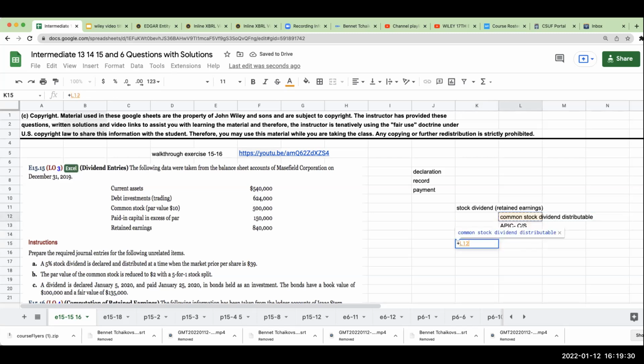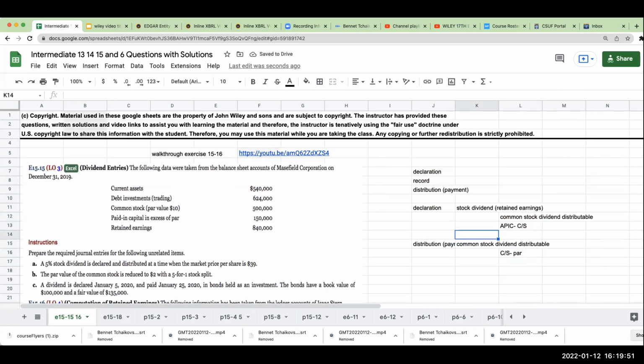That is the entry on the date of declaration. When the dividend is distributed, I'm going to debit common stock dividend distributable and credit common stock at par.